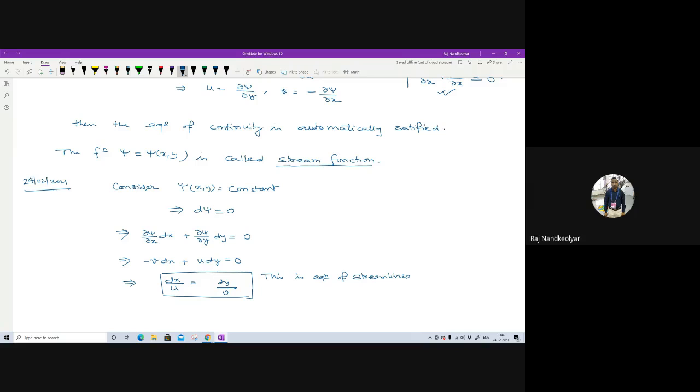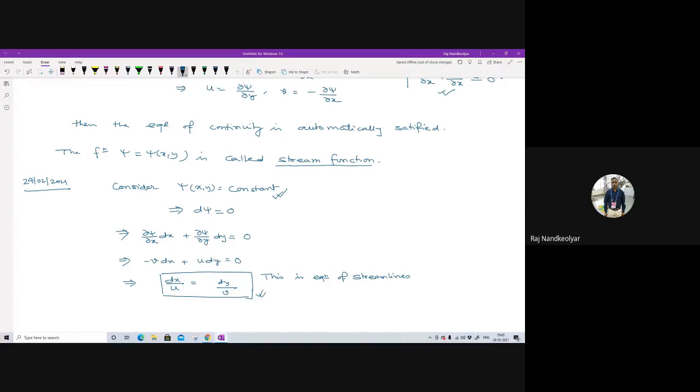We have read that dx upon u equal to dy upon v equal to dz upon w is the equation of streamlines in three dimensions for a three-dimensional flow. Because here you are considering only a two-dimensional flow, dx upon u equal to dy upon v. So this is nothing but the streamlines. If you look at it in the reverse way, this is your equation of a streamline and this is your solution. If you solve dx upon u equal to dy upon v, you will get psi(x,y) equal to constant.